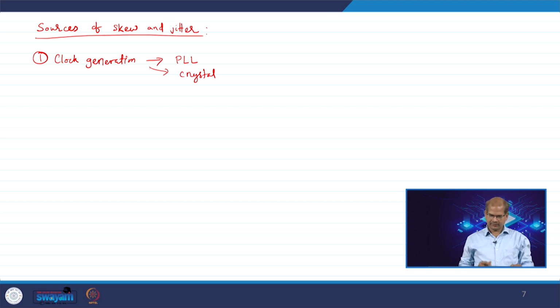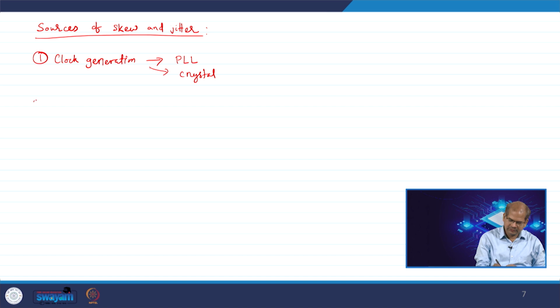You need to check the specification of the PLL or the crystal that you are using to generate the clock, that is the source of jitter actually. That needs to be minimum, and whatever amount is there should satisfy our requirement. We need to take that value while doing the timing analysis. So, clock generation is one of the sources of clock jitter.